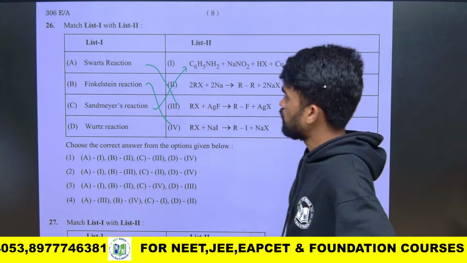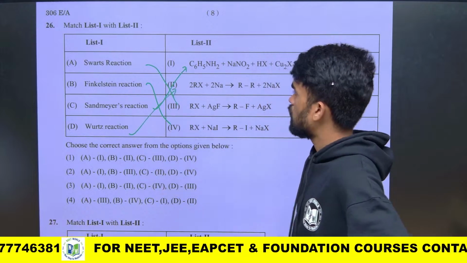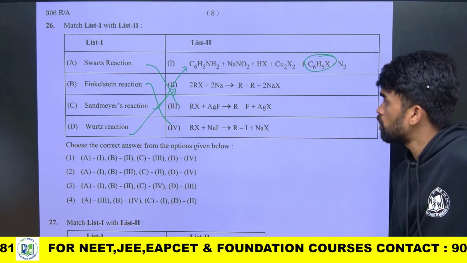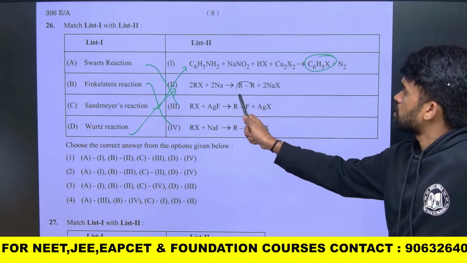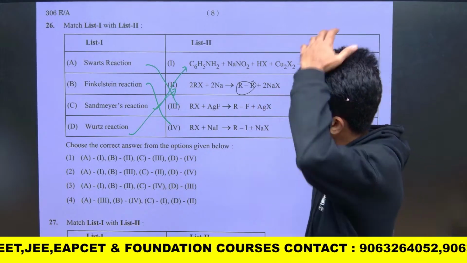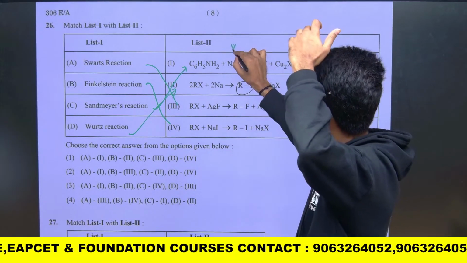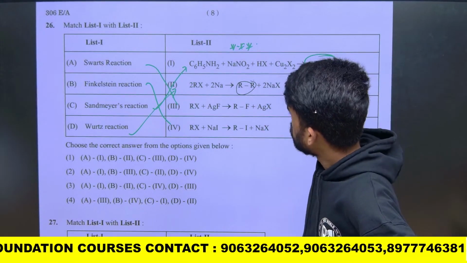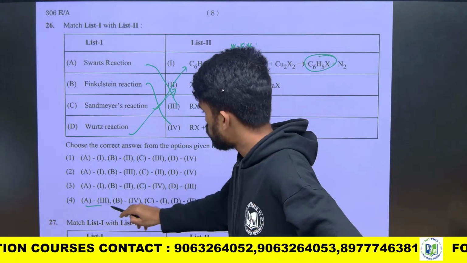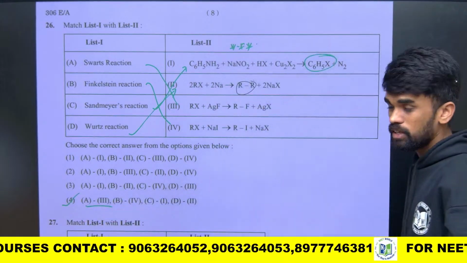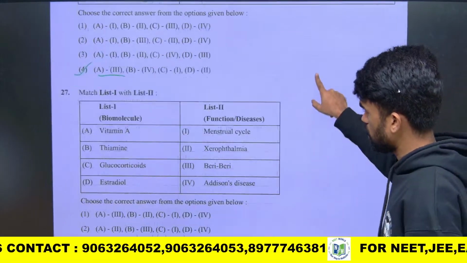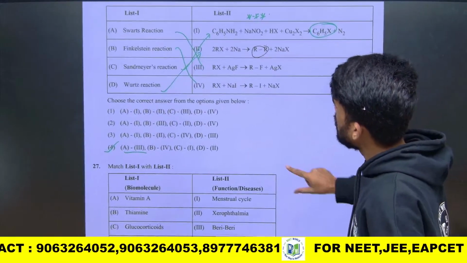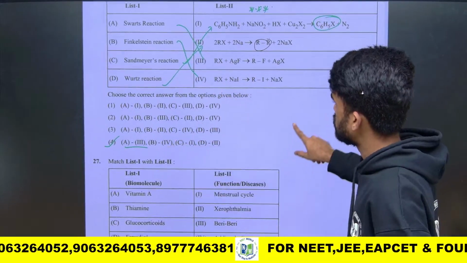So C1. D, Wurtz reaction, alkyl halides with sodium in dry ether give alkanes. Clear, very standard reactions, very important named reactions, very basic important named reactions. So now look, A3, only one option, you can directly choose, there is nothing to cross verify here. And the next B4, that's it, fine.